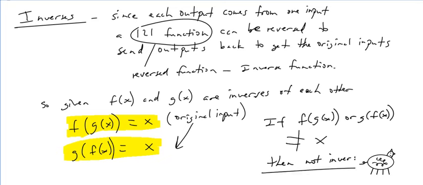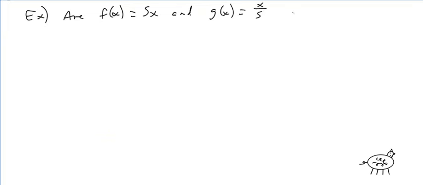Okay, so let's just do an example here. Clear this out. Okay, so your example is f of x is equal to 5x and g of x equals x over 5. Inverses?